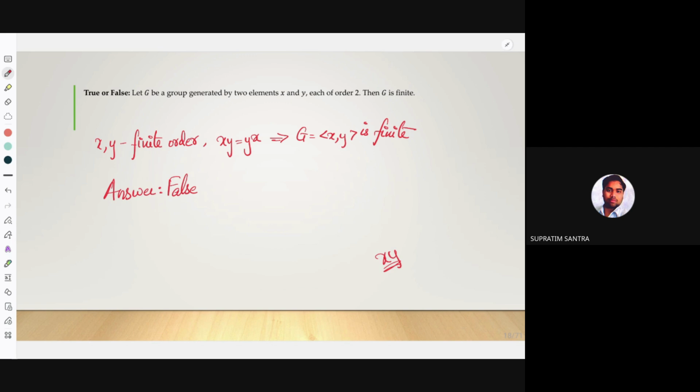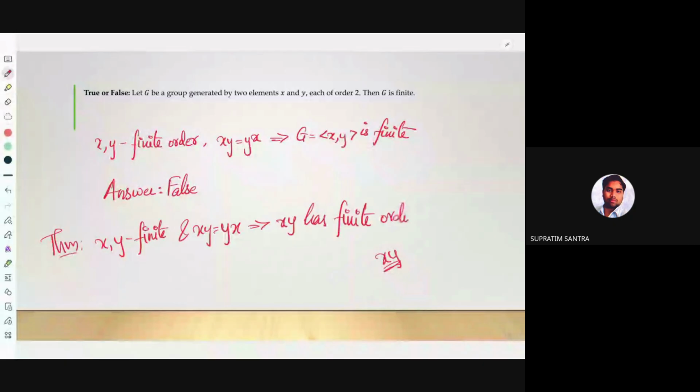There is a theorem we always prove in group theory: if x and y have finite order and x and y commute, meaning xy equals yx, then xy has finite order.